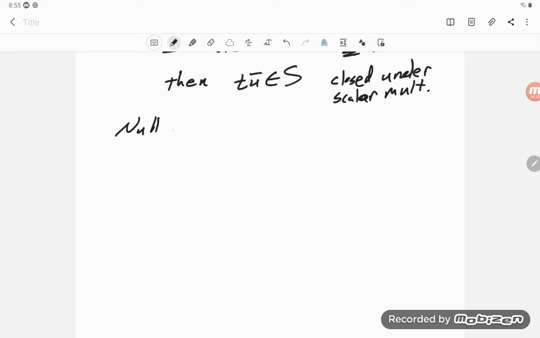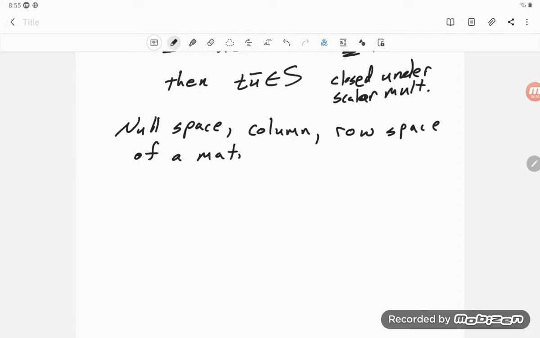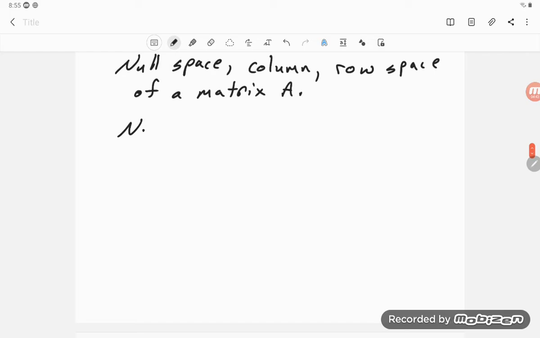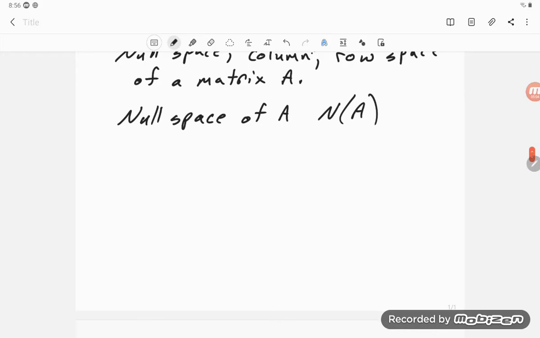We're going to look at the null space, column space, and row space of a matrix A. Okay, so we start with the null space of A, and we denote it with an N of A like that. That's our null space.